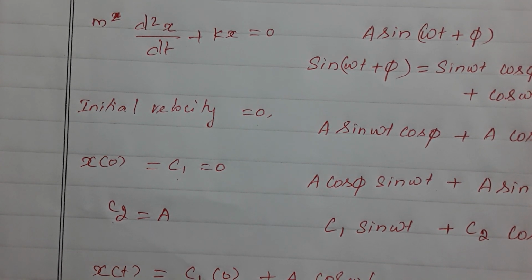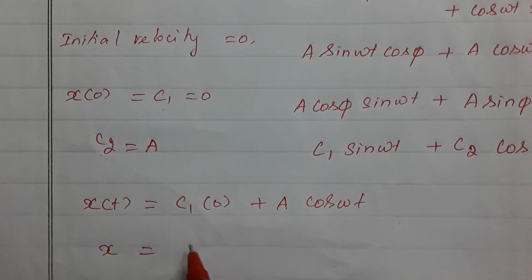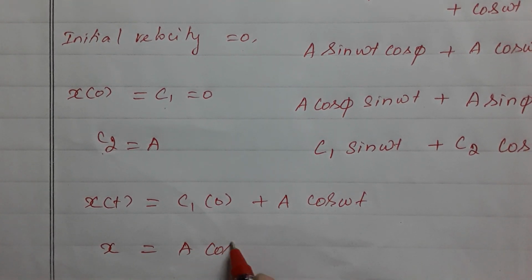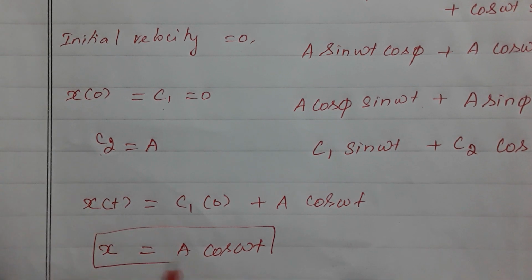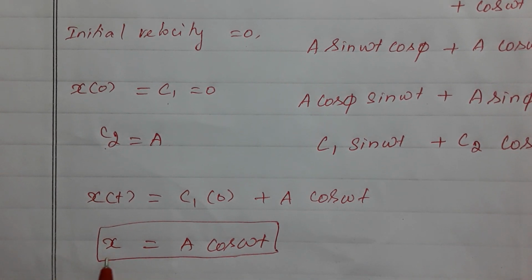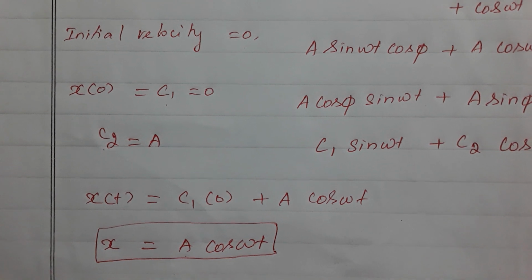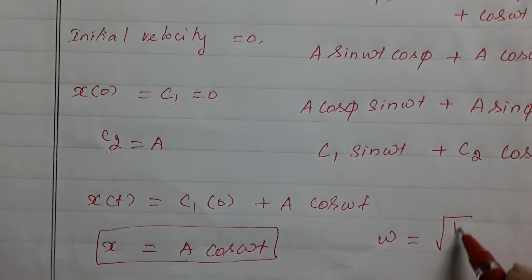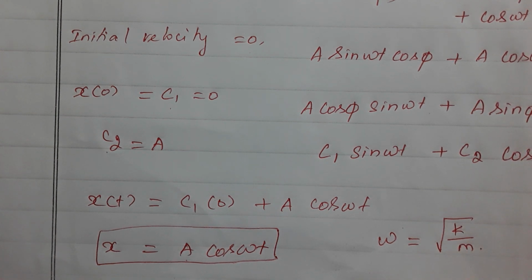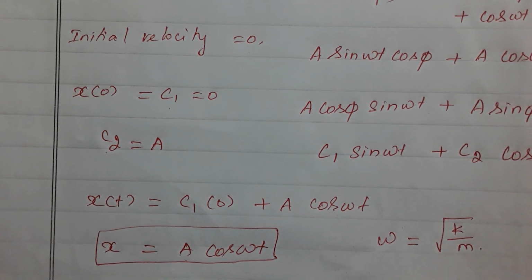So x equal to a cos omega t. Here omega is nothing but square root of k by m.